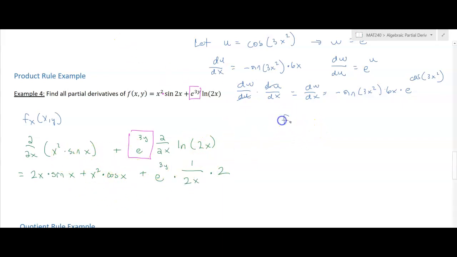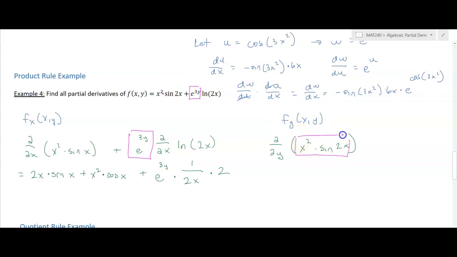To compute f sub y of x comma y, you might think again that we need to use the product rule here, but the whole first term, the derivative with respect to y of x squared times sine of 2x, is just going to be 0, because if x is being treated as a constant, then x squared is a constant, the sine of 2 times x will be a constant, and the product of two constants will also be constant.